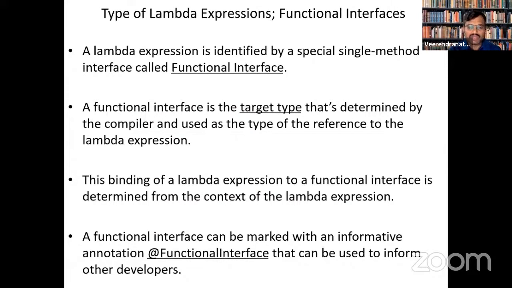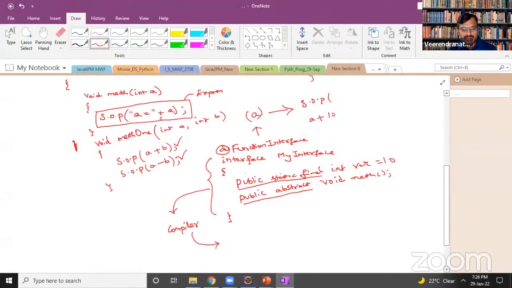Whenever I'm talking about readability, when you code, readability is quite an important thing. A functional interface can be marked with the informative annotation @FunctionalInterface, so that it can be used to inform the other developers who is the candidate for being a functional interface.